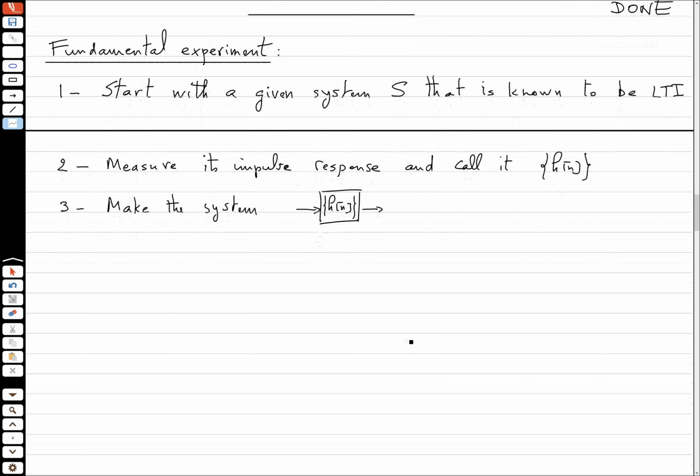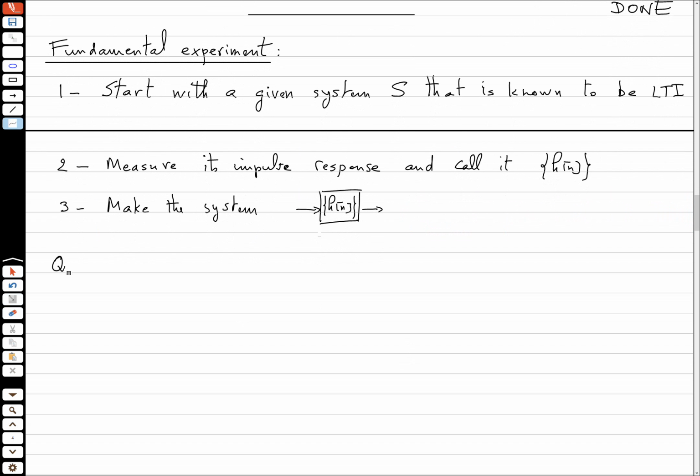So, I repeat, you start with a system that is known to be LTI. I call it the system S. Measure the impulse response of the system S and call it h of n. You get a sequence. So forget about system S, take that sequence h of n, and then from this sequence, make the system by yourself.